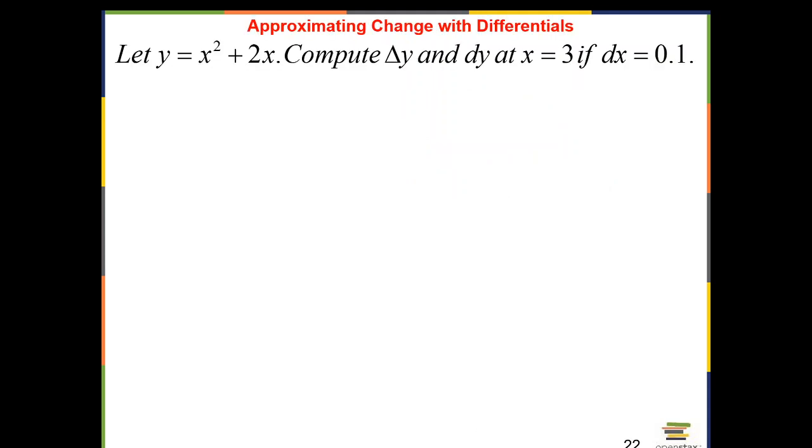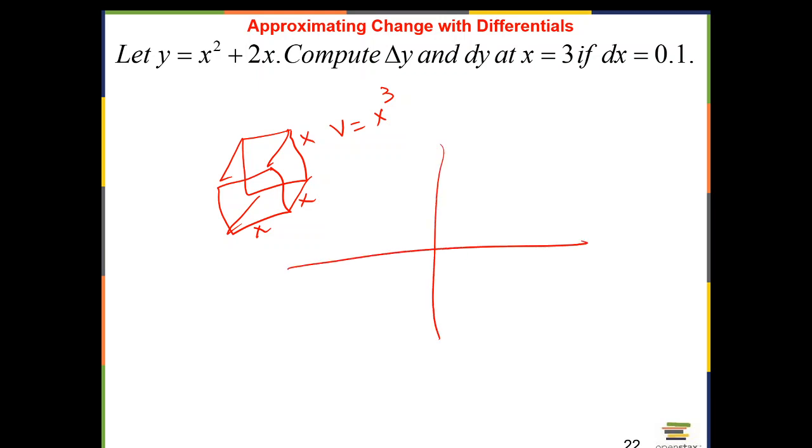Think about it in error analysis. Suppose you find the volume of a cube, right? The volume of a cube, of course, is x to the third power, where x is the side. If you think about the x to the third power function, we don't need the negative part, we just need the positive part.